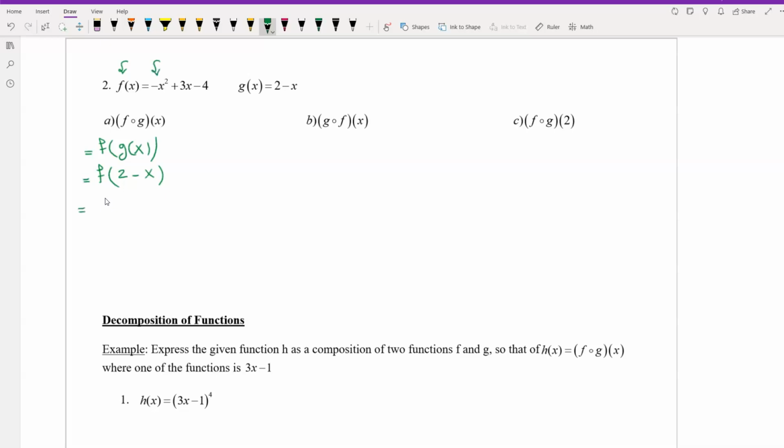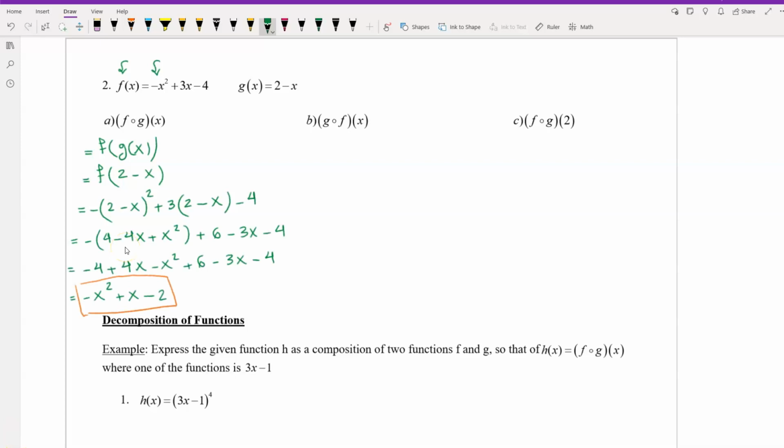So starting from this point, negative x squared, so instead of x we have 2 minus x, plus 3 times 2 minus x, minus 4. So here 2 minus x times 2 minus x is equal to 4 minus 4x plus x squared. And then here 3 times 2, 3 times negative x.